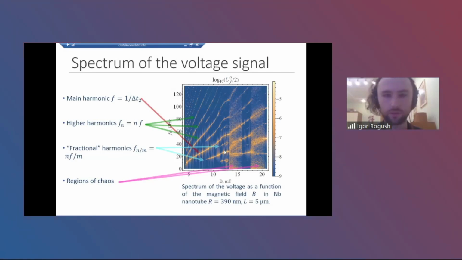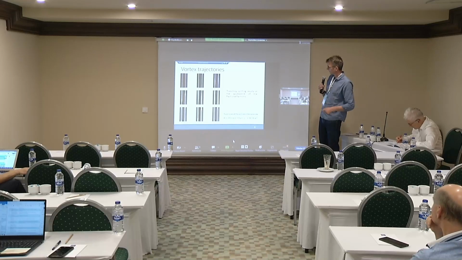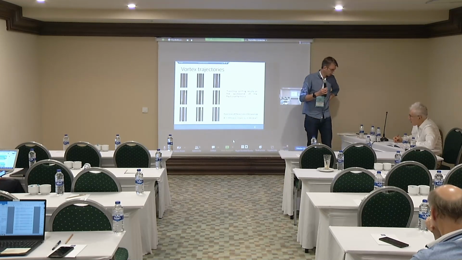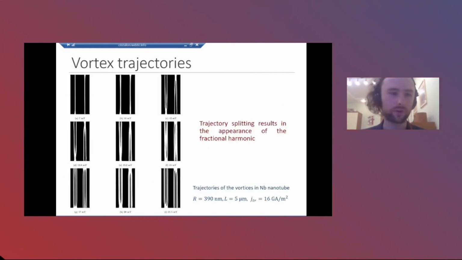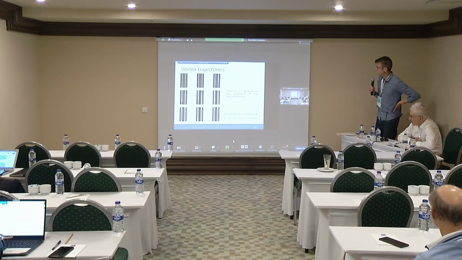Yeah, you explained it with the bifurcation, and I can see that, but how this comes back to measuring fractional steps was not clear for me. You mean the appearance of the fractional harmonics with blue arrows? How does it relate with different trajectories? Yeah, because you have the same amount of vortices passing a contact. That was my confusion.